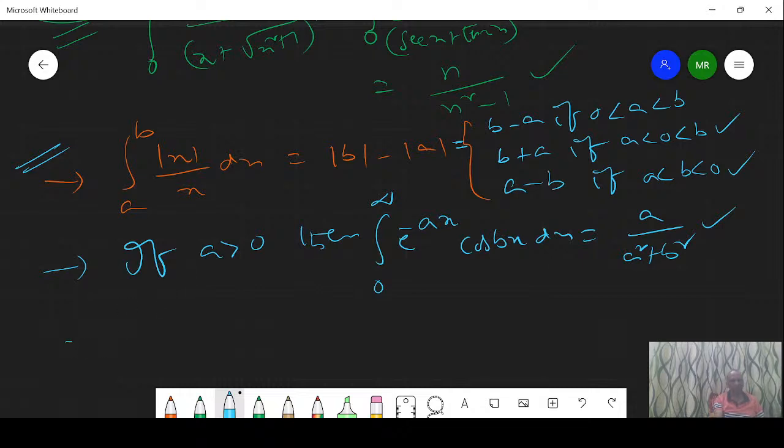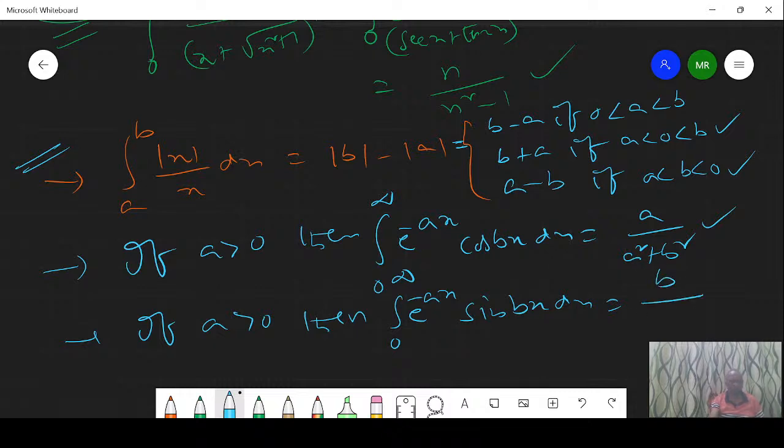Even the second one: if a greater than 0, then integral 0 to infinity of e power minus ax sin bx dx is equal to b by a square plus b square. These are standard problems, you remember this.